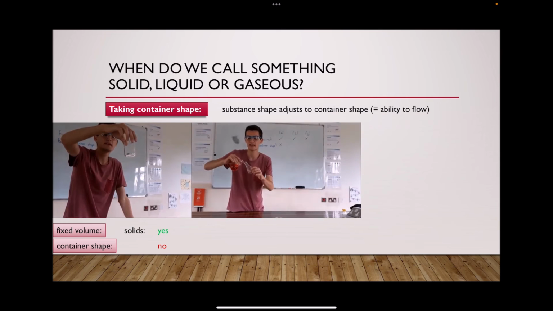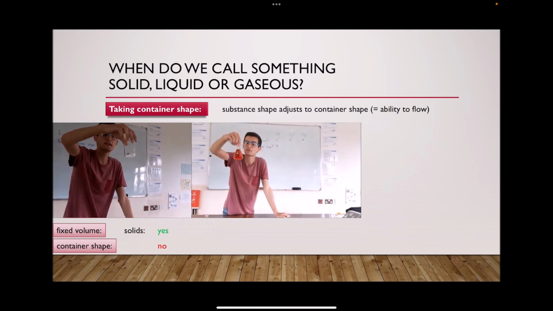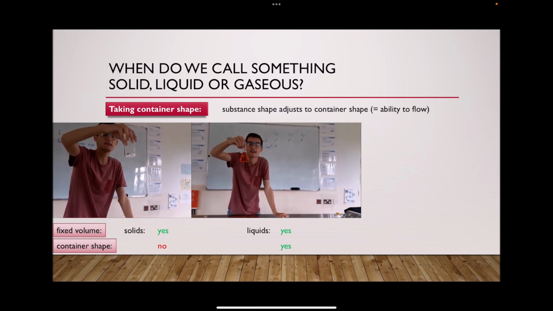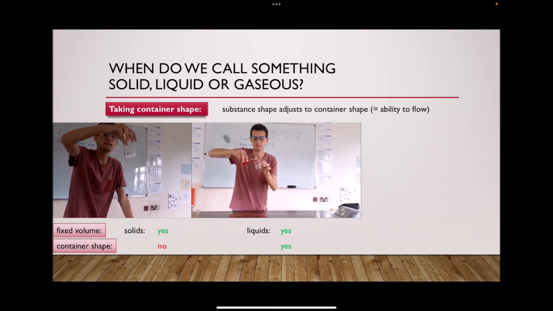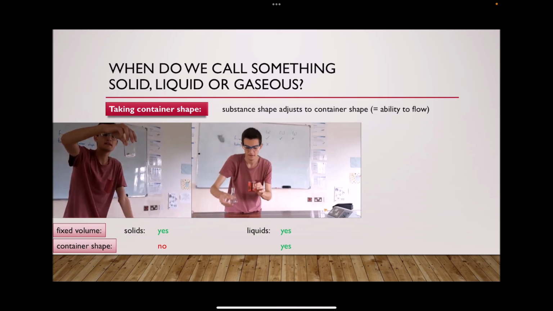But as you can see here in the round bottom flask, the water has the shape of a round bottom flask. But if the water is poured now into the conical flask, it changes the shape and adjusts to the shape of the conical flask.